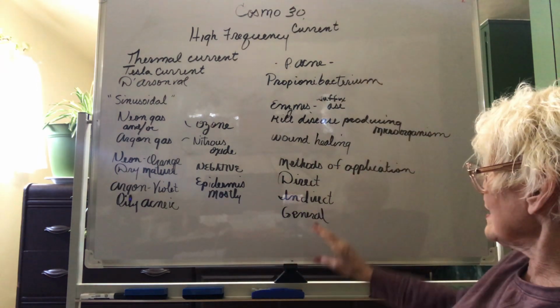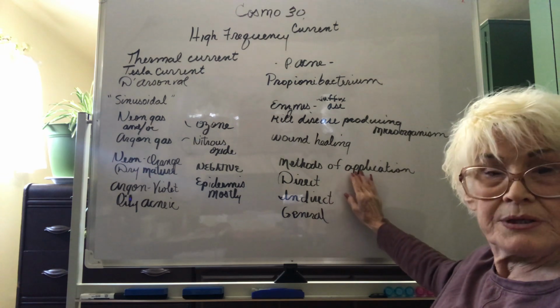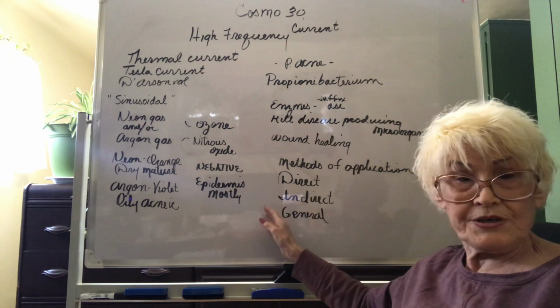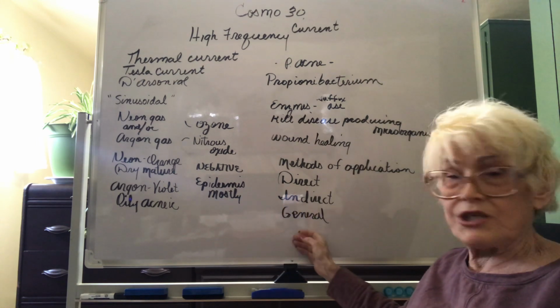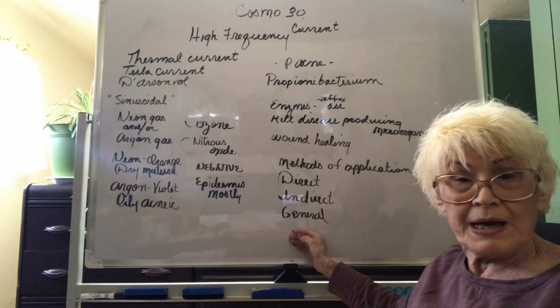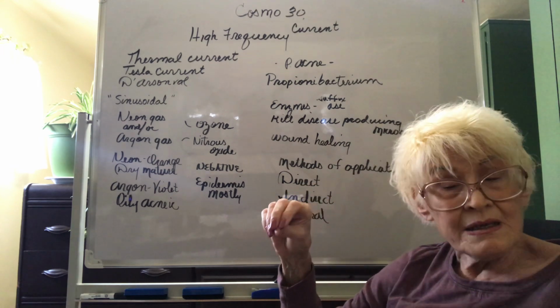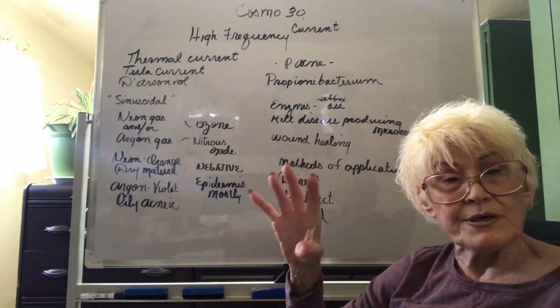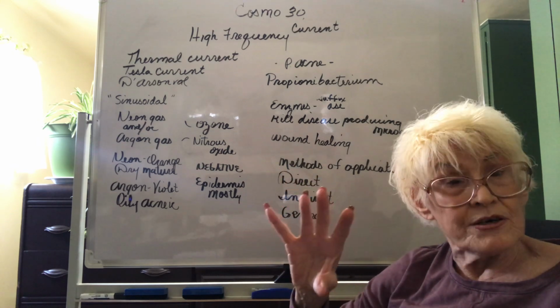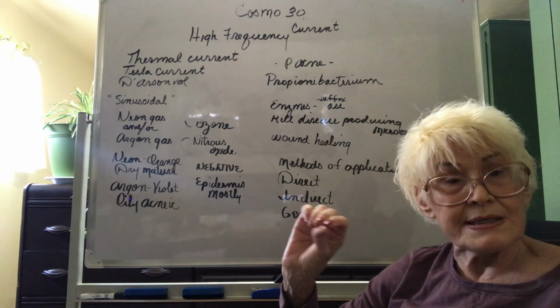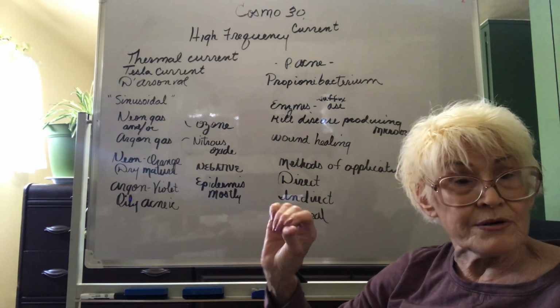Now, normally you will use the direct method, but once again, for yourselves, you can do general. It's very beneficial for the body. It also helps keep you from getting ill because your body, your brain runs on so many megahertz of energy, which we'll talk about in the microcurrent machine when we're doing microcurrent facelifting.